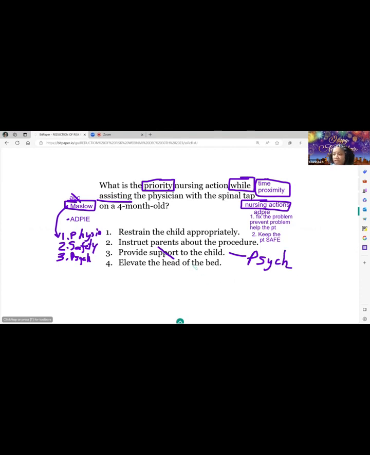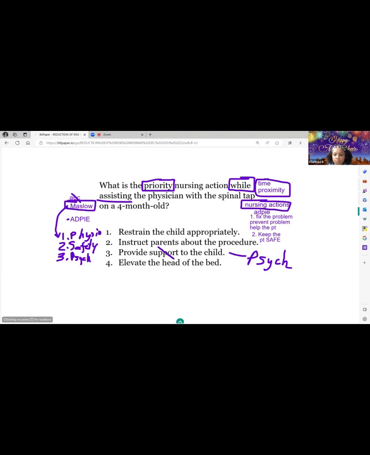Instructions. If you were thinking two was an answer, two is giving instructions to the parents about the procedure. Am I going to do that while I'm helping this doctor do the spinal tap? Nope. Am I going to support this child psychosocially while? Now, you can do that kind of during, but your focus is going to be on probably physical needs or safety, because supporting the child is really psychosocial.